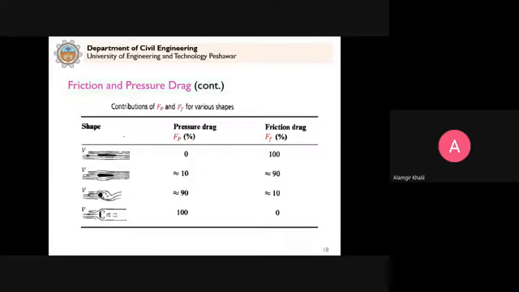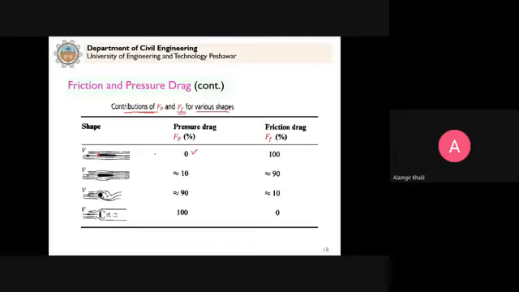So now the contributions of the pressure drag and the friction drag for various shapes. As you can see here, when we have a thin plate placed like this, the pressure drag is 0, because the direct impact of the velocity on the object shape is very small.